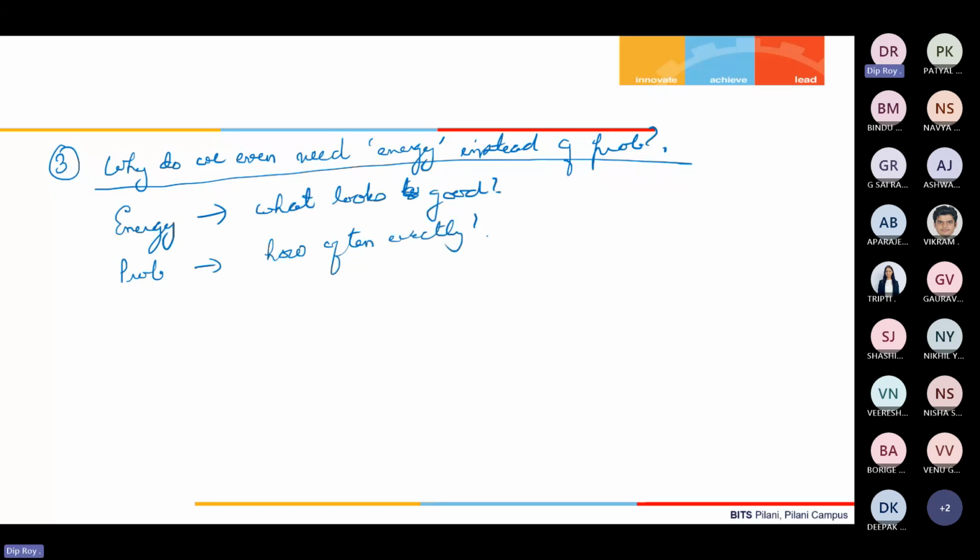Two perspectives of looking at things. Energy says whether the state is good or bad. Probability says how often this state occurs, the frequency of occurrence of this particular state. Two different ways of looking at the state.